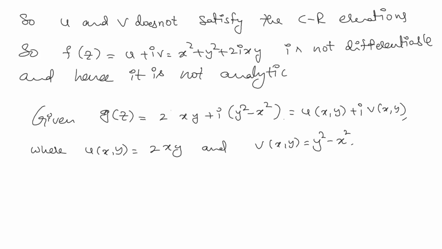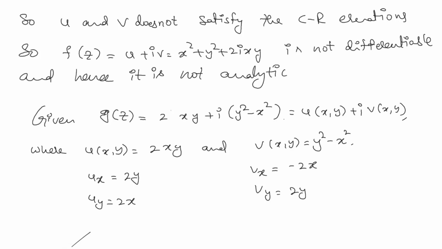Now for these two functions, again we have to check the Cauchy-Riemann equations. So we check ux and uy. ux is 2y and uy is 2x, whereas vx is minus 2x and vy is 2y.